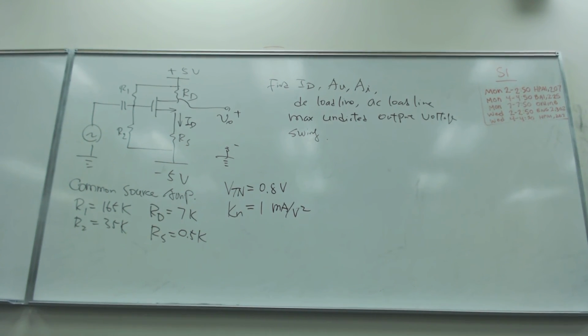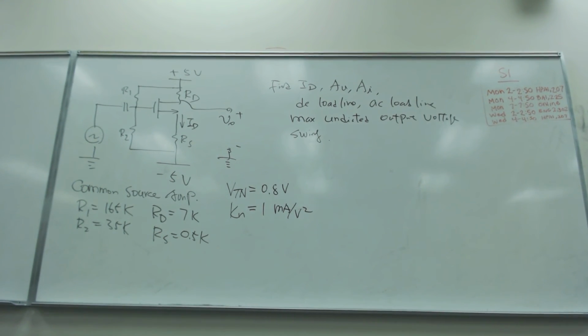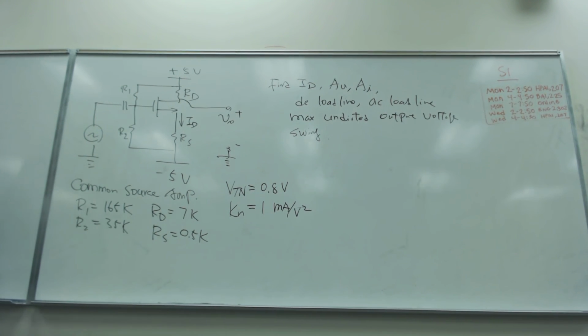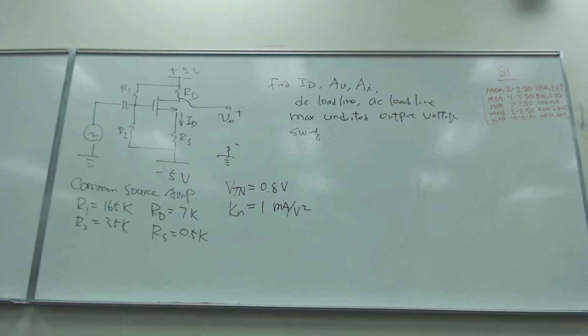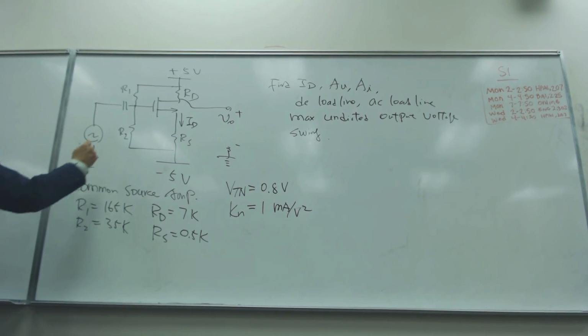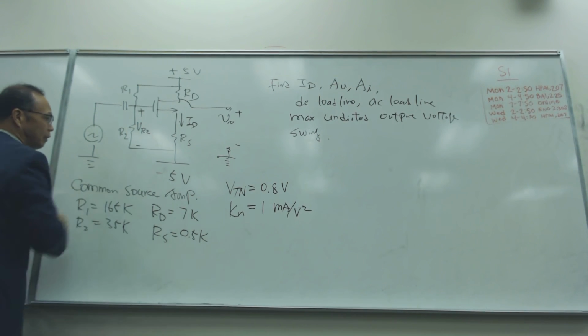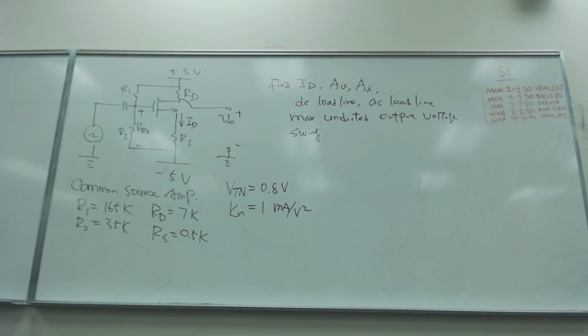Okay, first of all, you notice there are two voltage supplies, one on the top, the other one on the bottom, right? And I think every time you see two voltages, you get freaked out. Yeah, there's no need for that. First of all, you have to try to find out what is the voltage drop here. Let's call it VR2. So basically you have a voltage on the top, right?